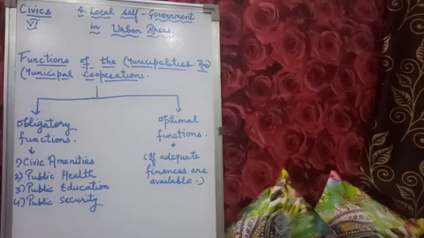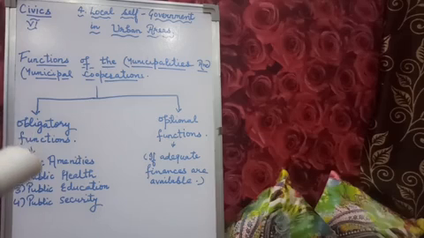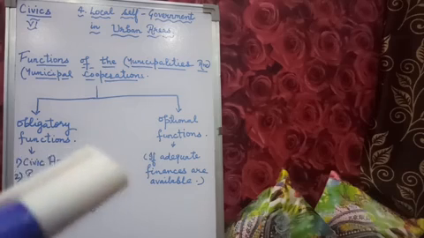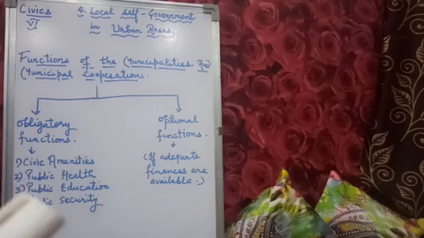Okay, now in obligatory functions, the functions that they have to perform, they have to give facilities to the citizens. The first one is civic amenities. Next is public health, third is public education, and fourth is public security.